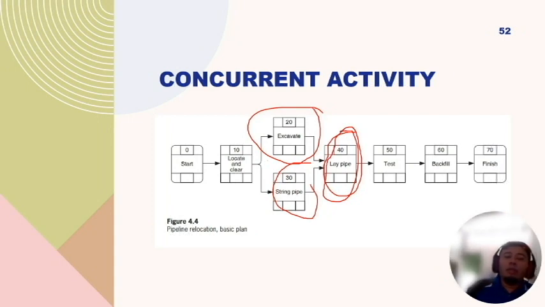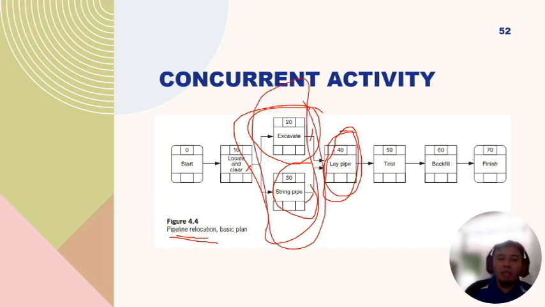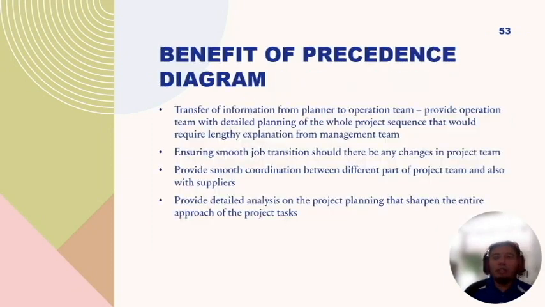So in this example, in the work of pipeline relocation, first you locate and clear the site area, and then you start excavating. While you're excavating, you can start stringing pipe. Once everything has been excavated and the pipe has been strung, you can lay the pipe, test, and then backfill. These two activities started concurrently so that you can save time. The activities are not interdependent, so there's no relation between these two activities.